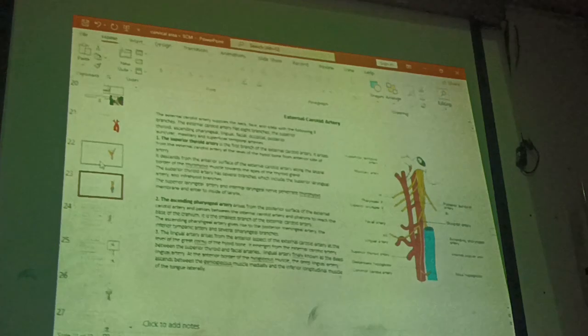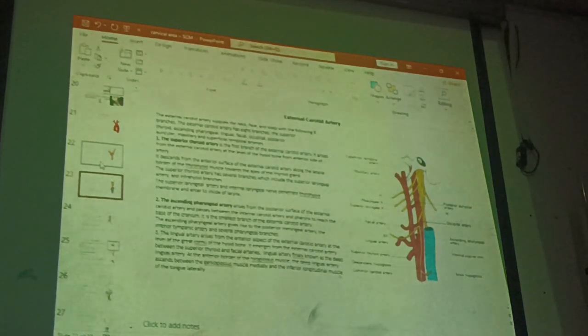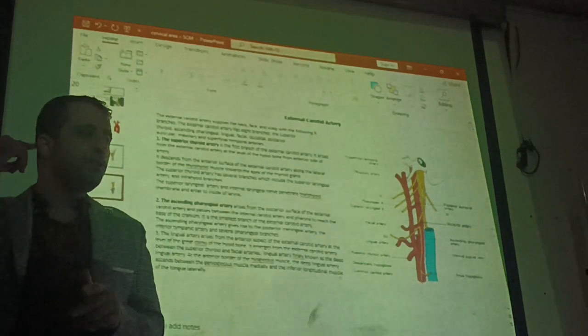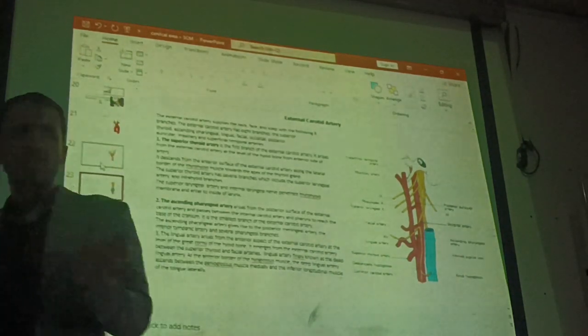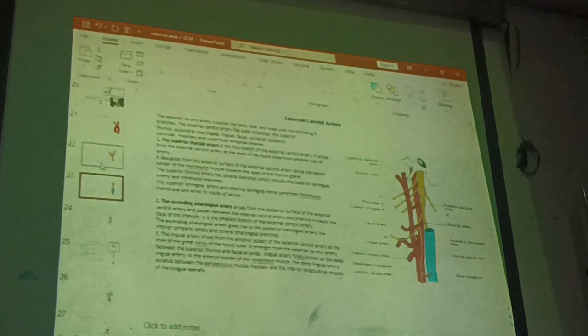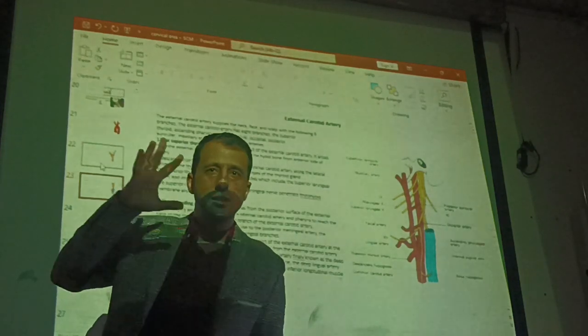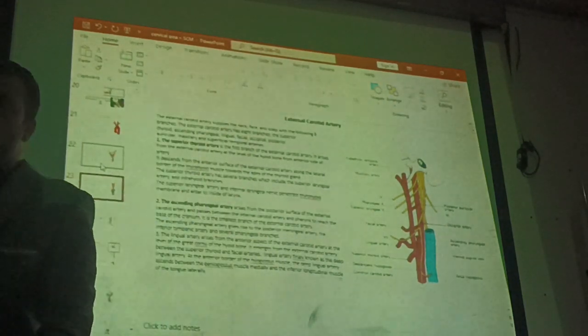Sometimes this branch is separated from the occipital artery and sometimes from the posterior auricular artery. They are branches of the external carotid artery.